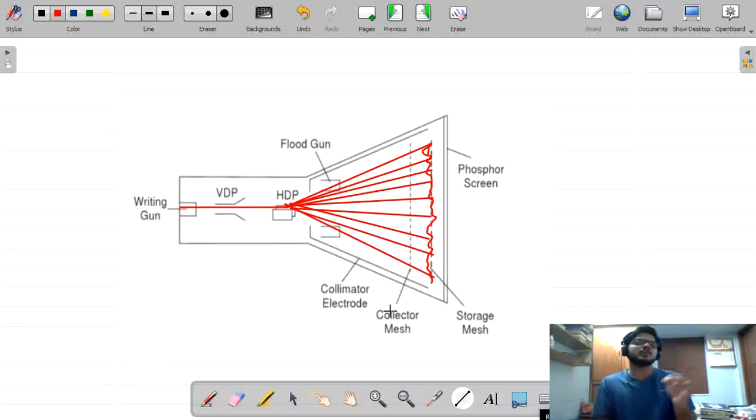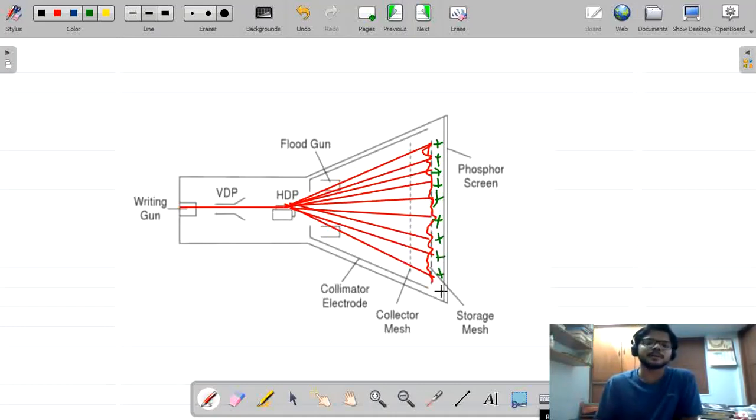Now what will happen? Wherever the electrons strike the storage mesh, a positive charge is created. In this format, here positive charge, here positive charge. So a continuous positive charge is created on the storage mesh.